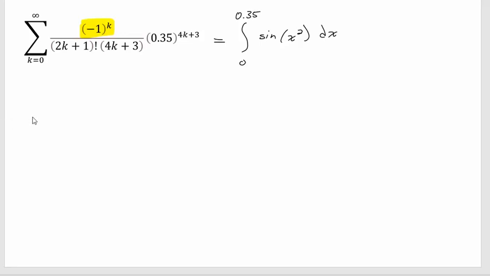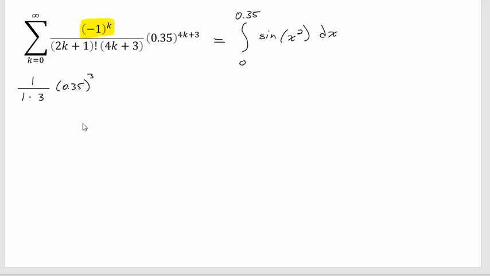Well, we could just do it term by term. So we could put 0 in here and work it out and see what we get. You could use technology to do this, but let's just go ahead and write it out. So -1 to the 0 power is 1. And then we'll have 0 in here, which is 1 factorial, which is 1, times 3, and 0.35 to the 3rd.